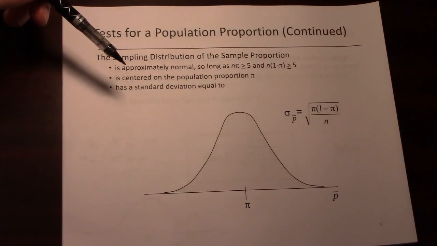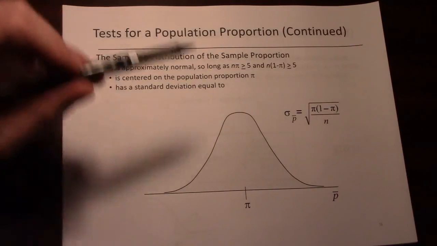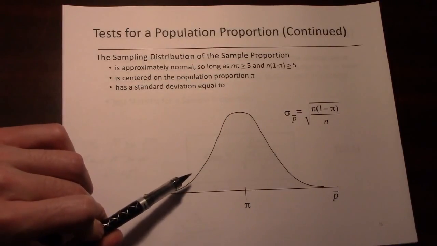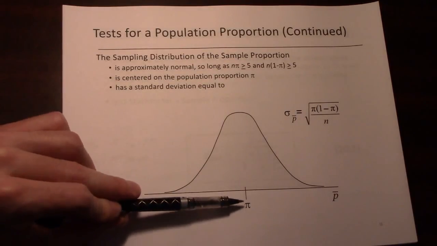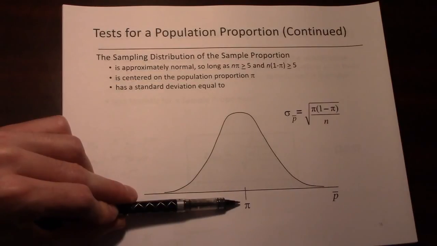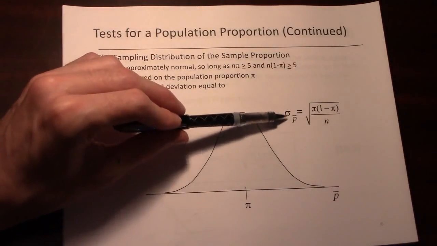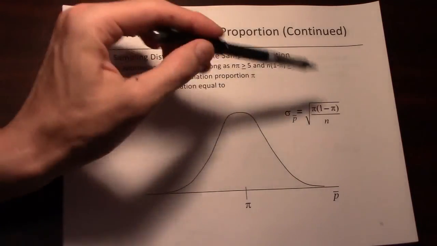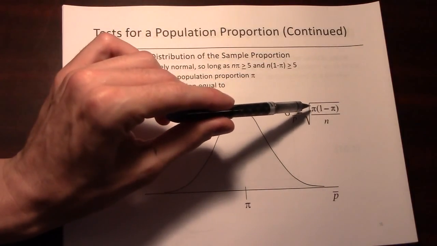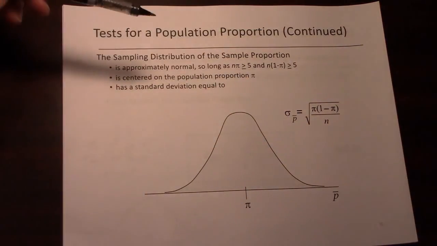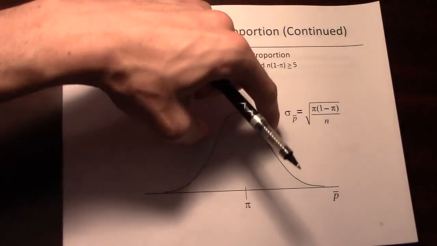And we know two important things about this normal distribution. One, it is centered around the true population proportion, and it has a standard deviation based on the math of how close the population proportion is to 50%. If it's closer to 50%, then it's going to have a wider standard deviation.